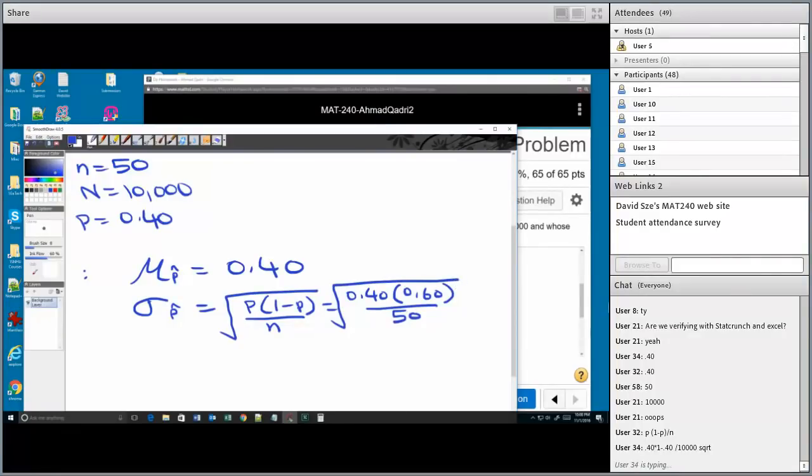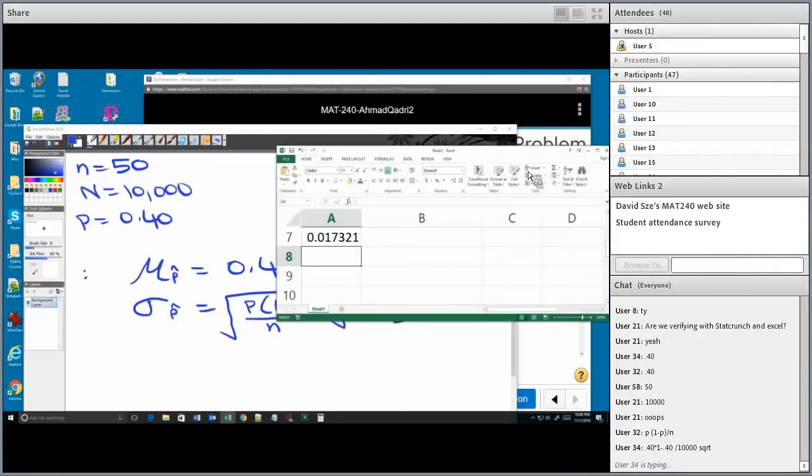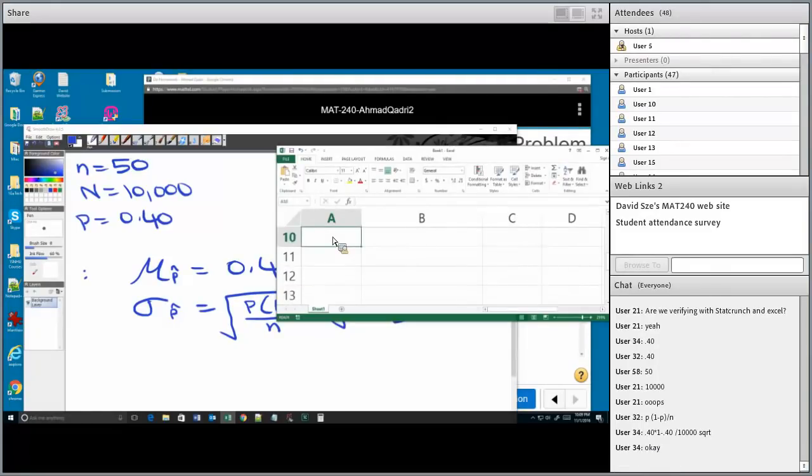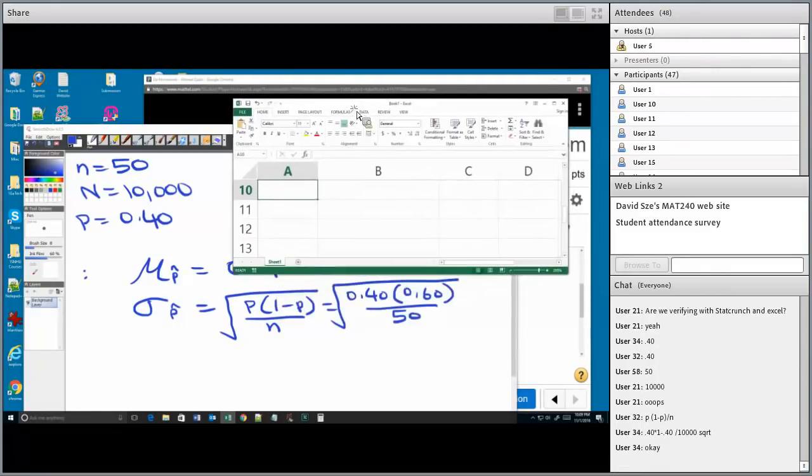Okay, so now let's do that. We use Excel. This is equal to SQRT of 0.40 times 0.60 divided by 50. This is what I'm calculating here. If I hit enter, I get 0.069.